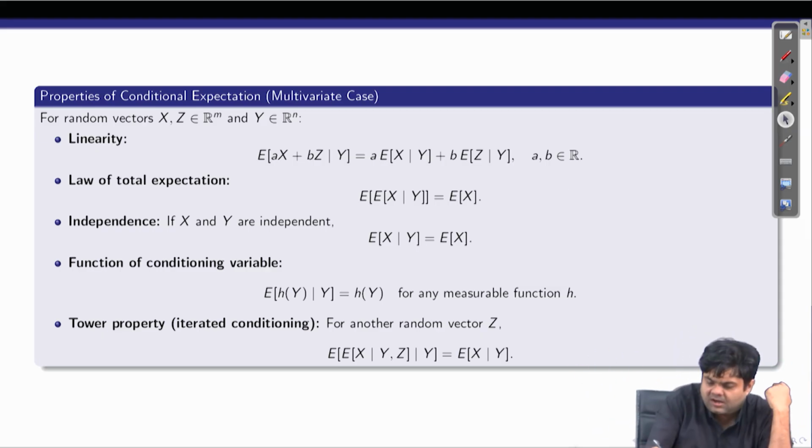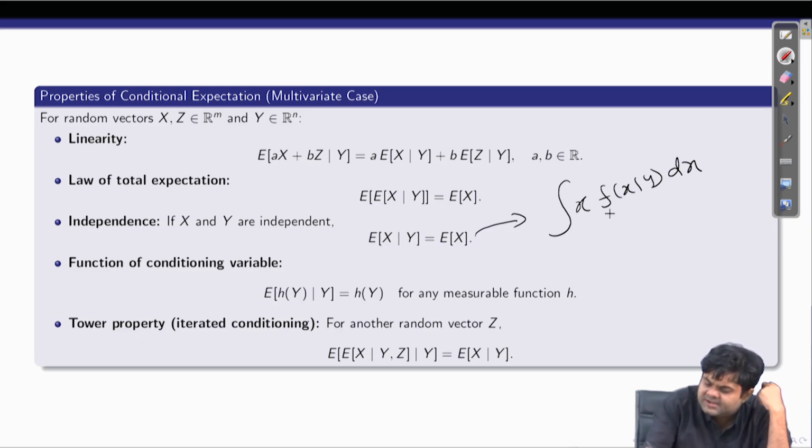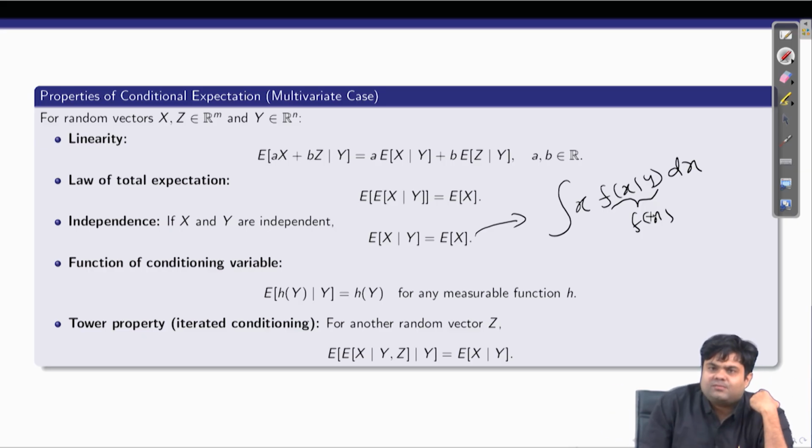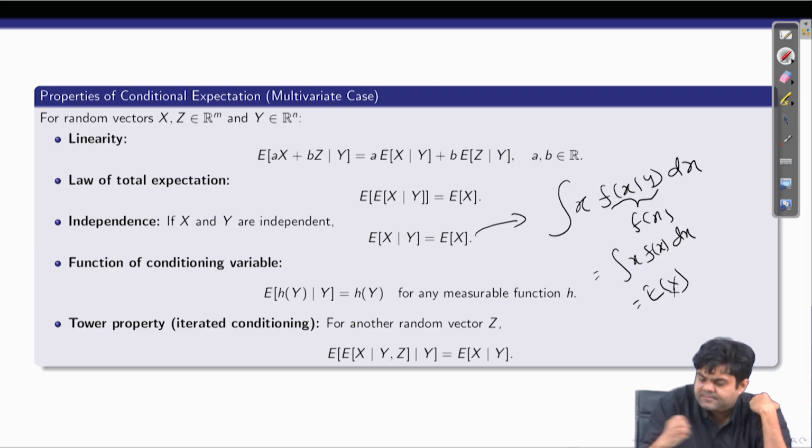So here you will be integrating x with respect to f_x dx, which is just the expected value, and the same for discrete, where the integral is replaced by a sum.